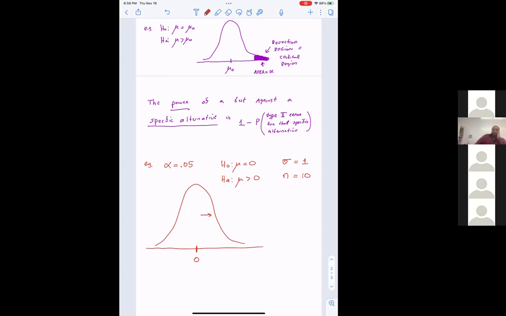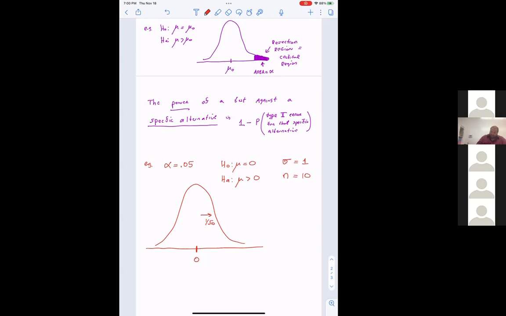But here we have a sample of size 10. Maybe the standard deviation divided by the square root of n? Right. So in this case, it's 1 over the square root of 10. Do we agree with that, Anahit? Yes. Remember the difference between the population standard deviation and the sample standard deviation is that for the sample, it shrinks by a factor of 1 over the square root of 10. Okay. This is what we have so far.